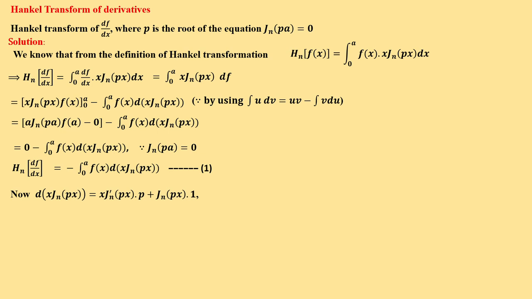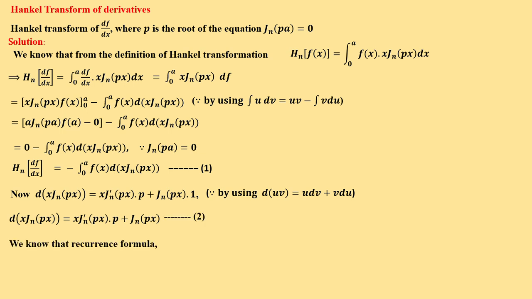U dv is x into derivative of Jn of px, that is Jn dash of px, and derivative of px gives p, plus keeping Jn of px as it is, the derivative of x is 1. So that is equal to x Jn dash of px into p plus Jn of px. That is equation number 2.